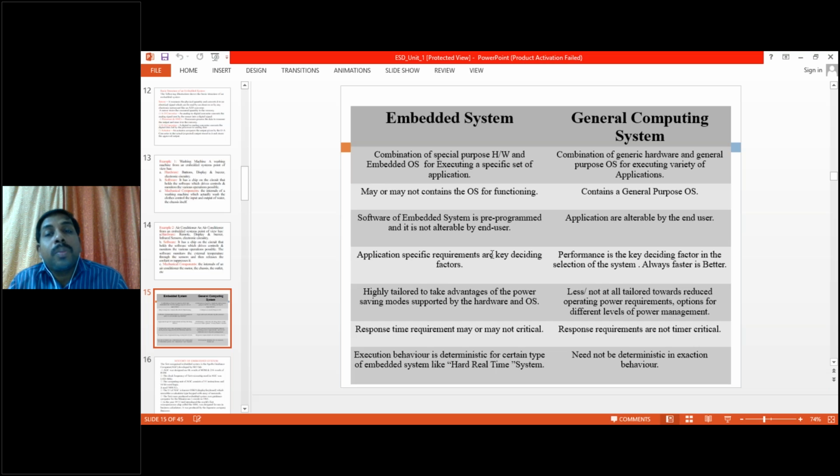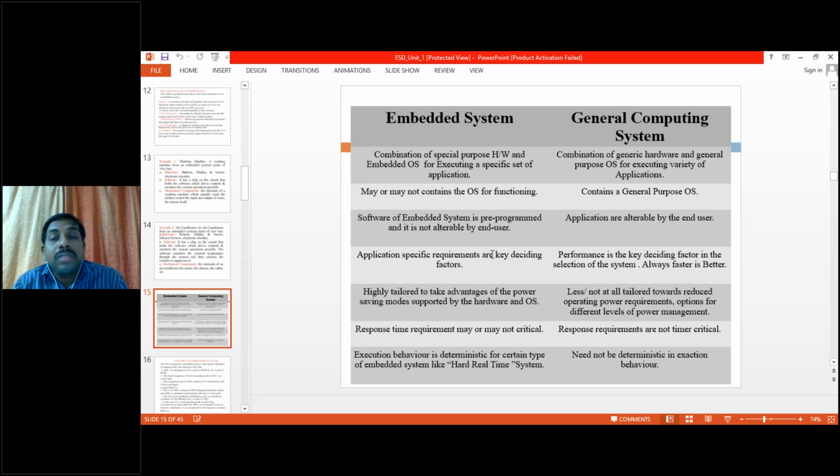So a general computing system such as a desktop system is a combination of general purpose OS and general purpose hardware for executing some applications, whereas an embedded system is a combination of special purpose hardware and embedded OS for executing a specific set of applications. The next point for embedded system is it may or may not contain the OS for functioning, but a general purpose system contains a general purpose OS.